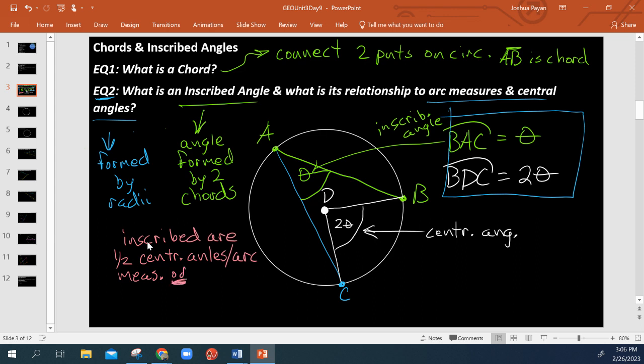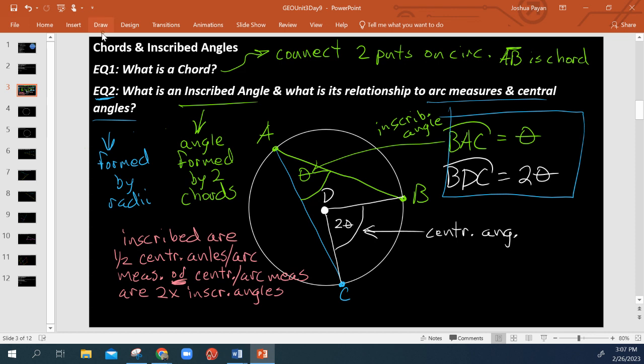Or you could also say central angles slash arc measures are twice inscribed angles. That's basically all that we're saying here.